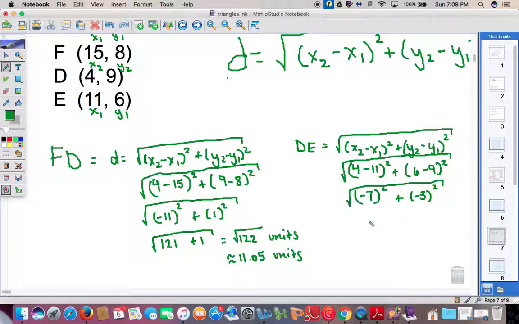So negative 7 squared is a positive 49, and negative 3 squared is a positive 9. So if I add 49 and 9 together, I get 58. So I have the square root of 58 units, which is approximately 7.62 units.